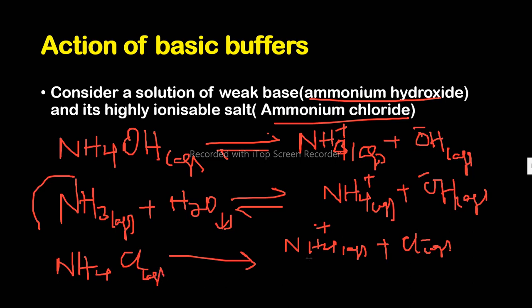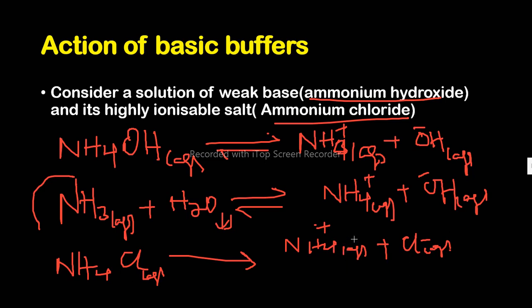Now, such a solution is going to behave as a buffer solution. Remember, we say that buffer solutions are solutions that resist changes in pH when a little acid or a little base is added into it.